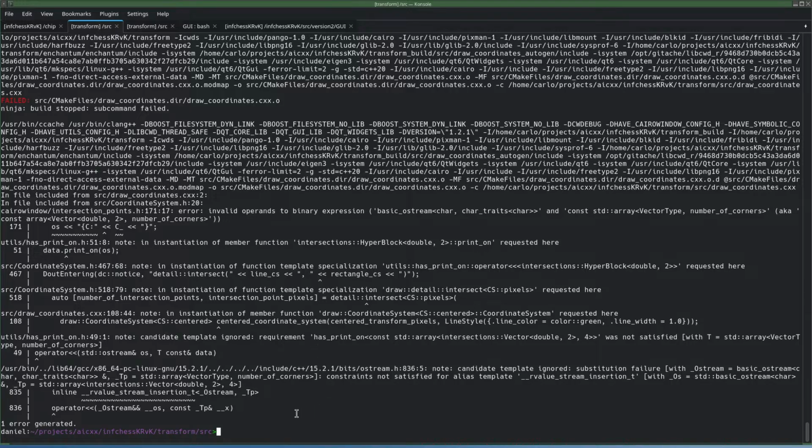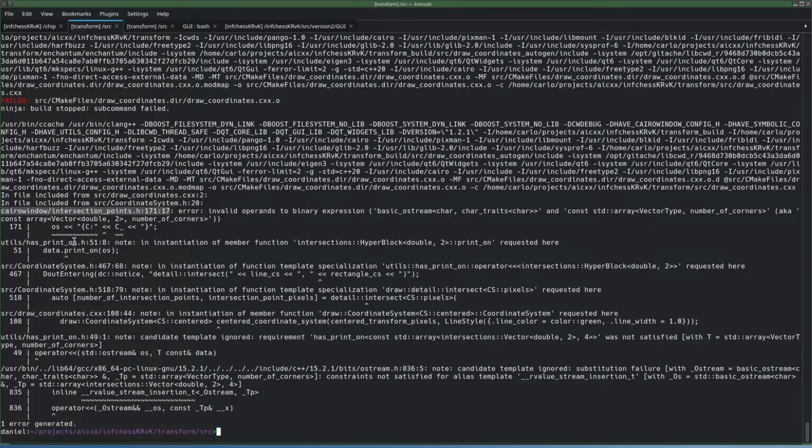Yeah, I guess the reason is that we are inside intersection. Sorry, well, inside a namespace. But are we? Yeah, here. We are here, and that's inside the namespace.